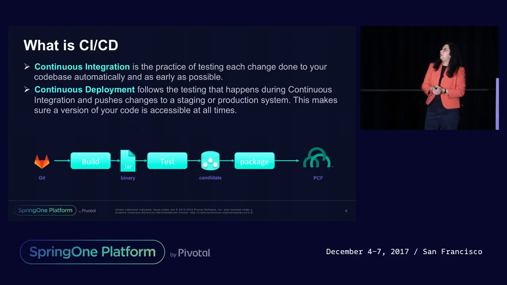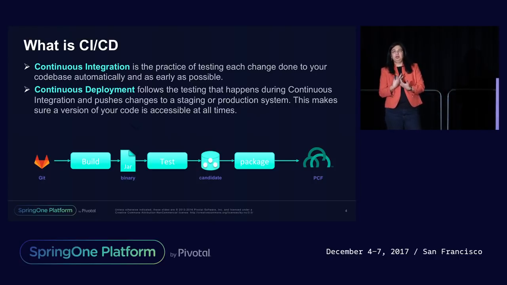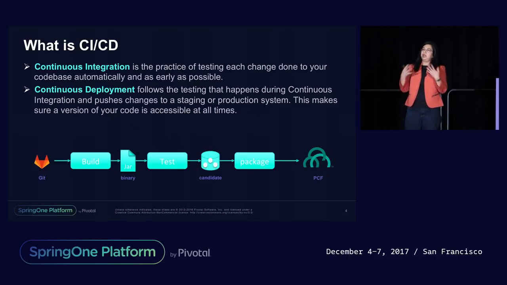So let's talk about what is CI/CD. As a developer, you pull down your code, you do your work, you do your testing, everything looks good. But you really don't know how it interacts or affects the actual code base, because you're not the only one working on the code. There's a team of developers. So you want to make sure that whatever changes you're doing are not impacting others, and you want to see that quickly.